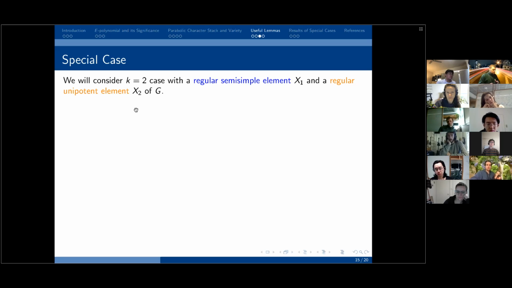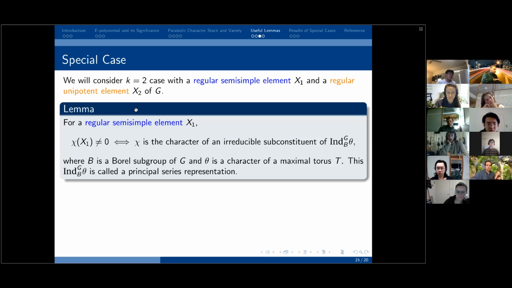Here are some lemmas. I will explain why I choose such two elements. At first, for a regular semisimple element x1, each character value is not vanishing if and only if this character chi is the character of some irreducible subconstituent of this principal series.